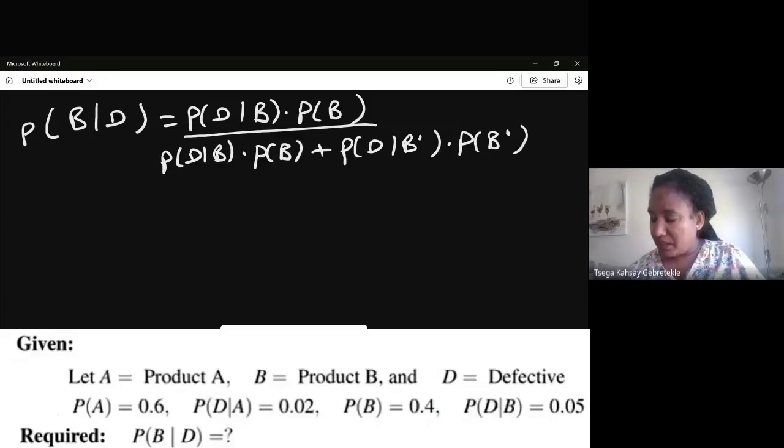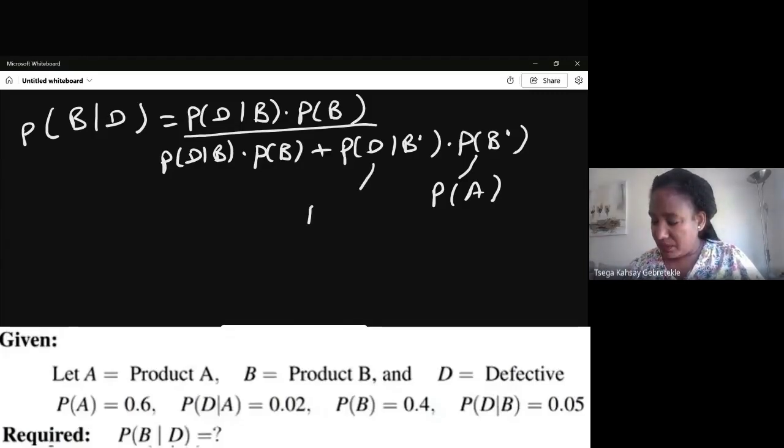In this case, please note that B complement is A. So probability of B complement means probability of A, and probability of D given B complement means probability of D given A.